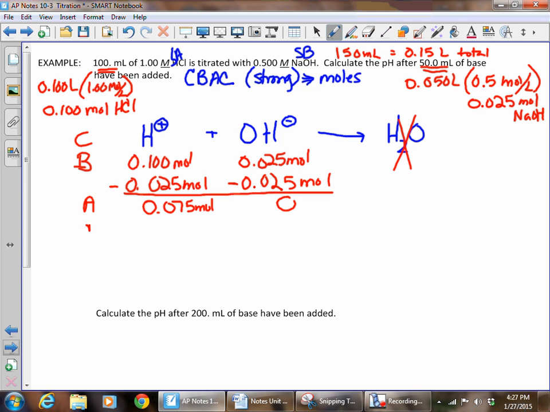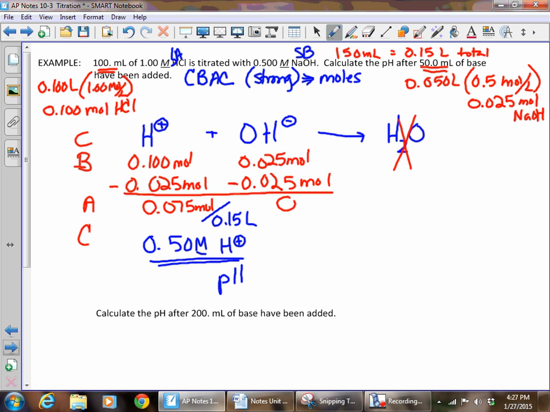The last part of this for CBAC is to change back to molarity, which means we need to divide this by our total liters we found up there, which was 0.15 liters, and we end up with a value of 0.50 molar H plus. There is no other OH minus in here. This is a strong acid, so the pH is going to be determined from this value.